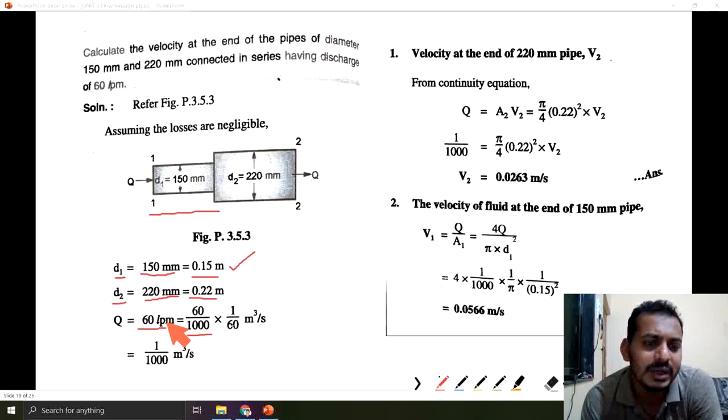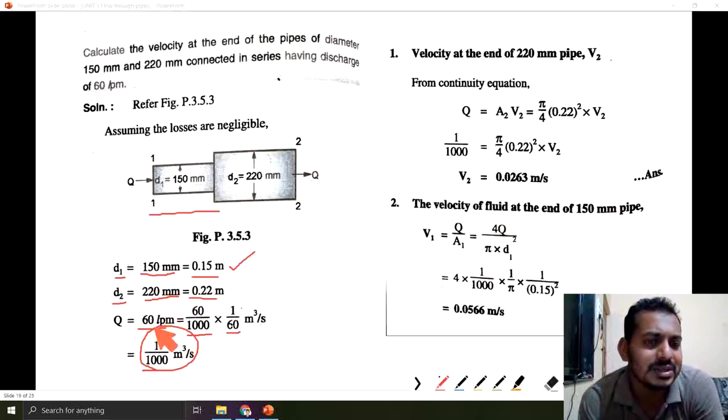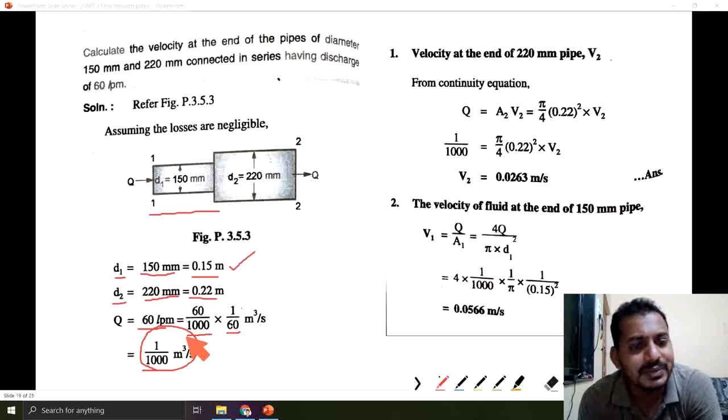And to convert minutes into seconds, we need to divide by 60. If we do all this calculation, you will get the discharge as 10 raised to minus 3 meter cube per second, that is, 1 upon 1000. So this is the primary calculation to write down the given quantities in SI units.